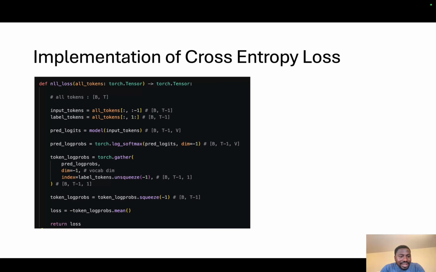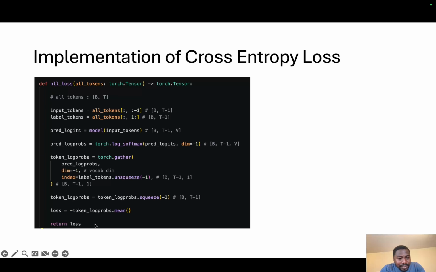And then you could take the label as the tokens immediately after those, which is from the second token up to the last, right? So for the predicted logits, you could just pass the input tokens to your model, get the logits, and then compute the log softmax, where softmax turns into probabilities, and then you compute the log of that.